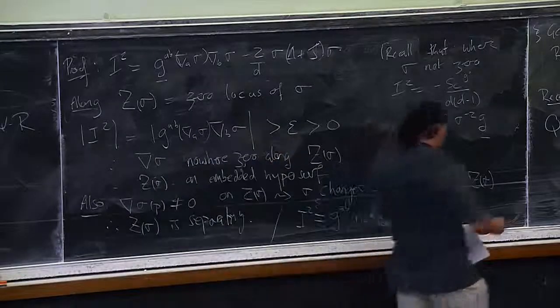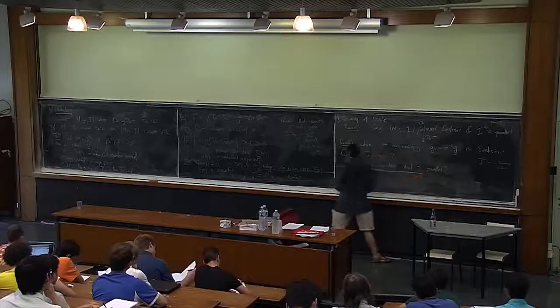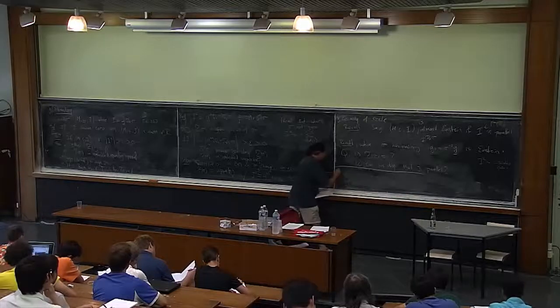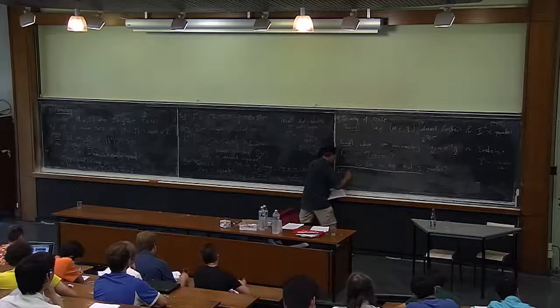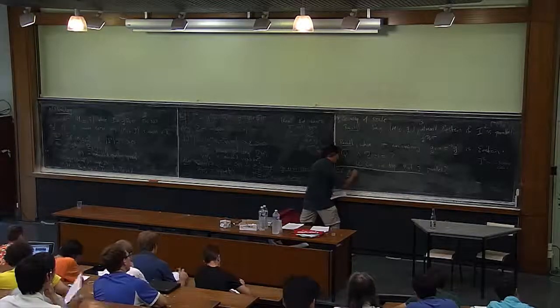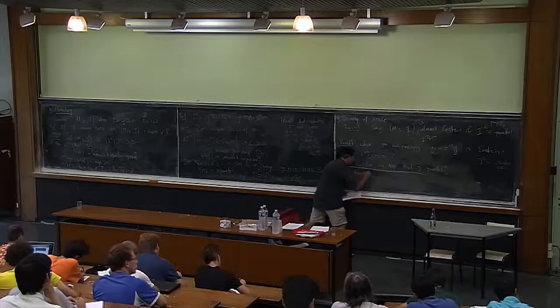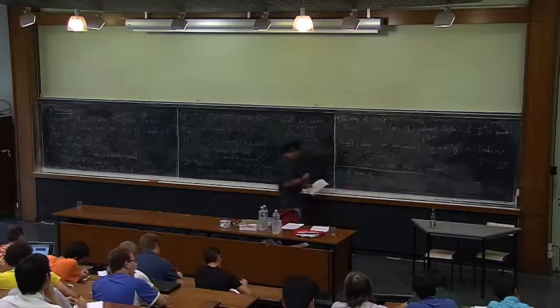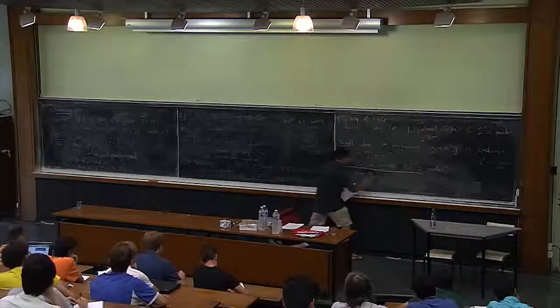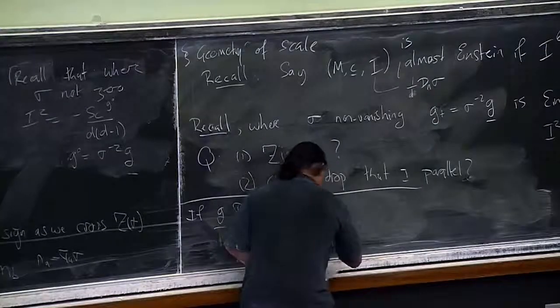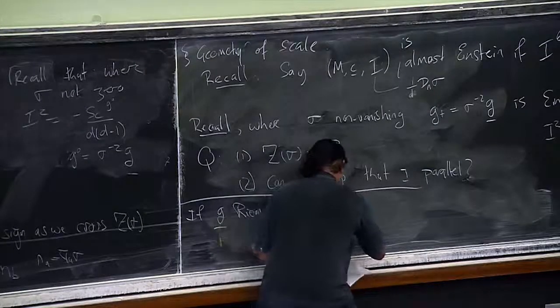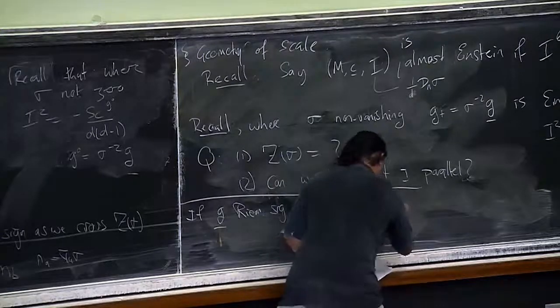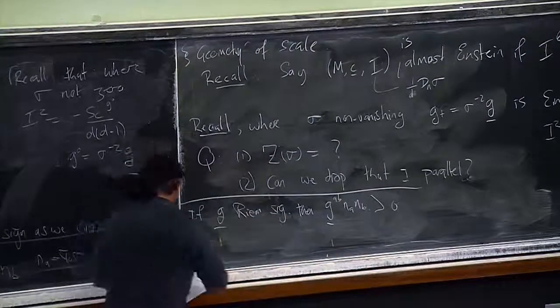And then finally, we just put it down here. If G is Riemannian, the conformal metric is of Riemannian signature, then G AB N A N B is obviously positive everywhere.